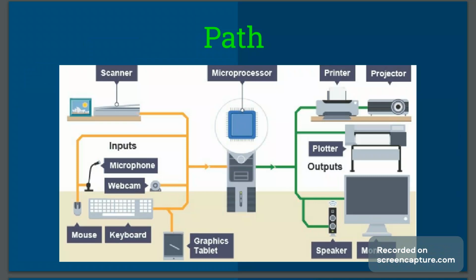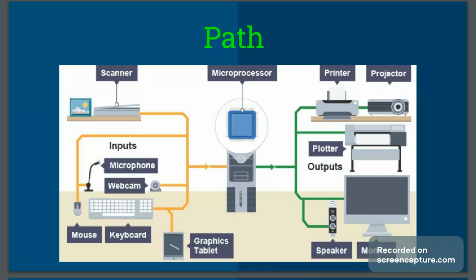We take input to the computer system from a scanner, mouse, keyboard, webcam, file, network, memory, etc. We display output to the screen, show it on the printer, plotter, projector, and if it is audio, we let it out from the speaker.